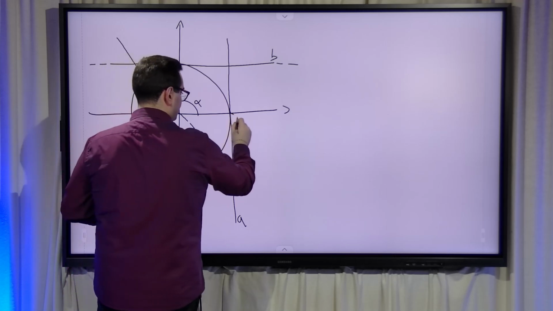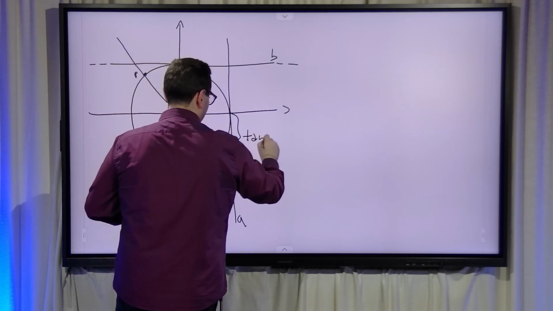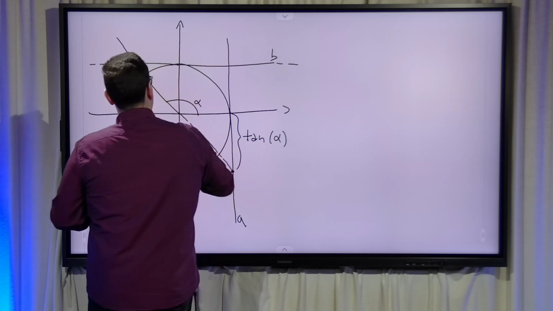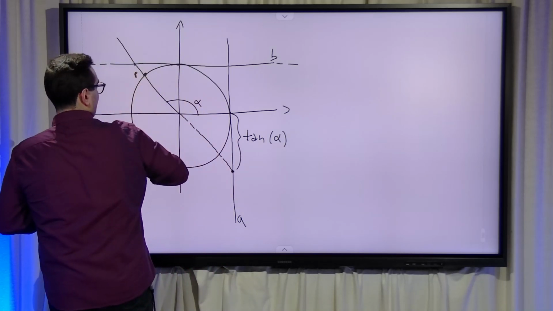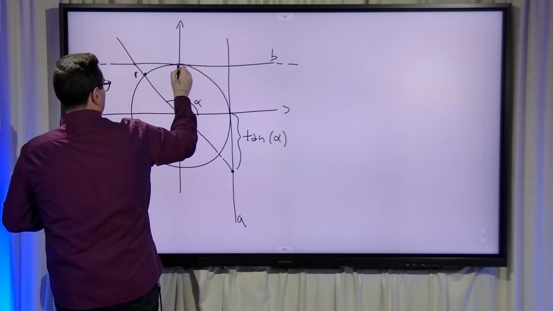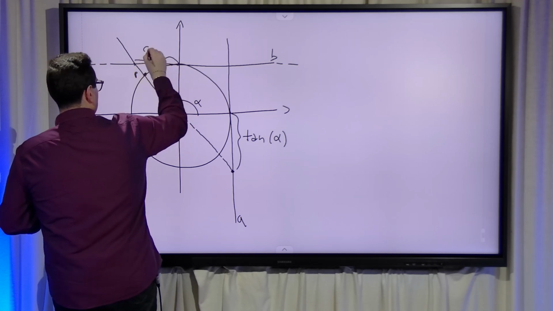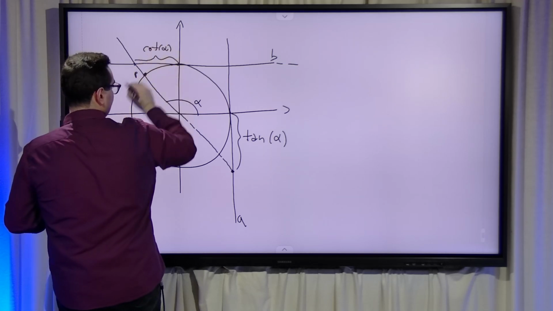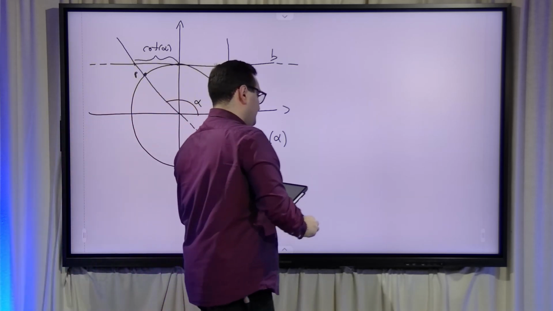So this is the tangent of alpha. As before, the cotangent is this segment.